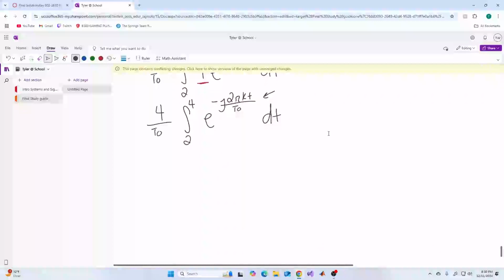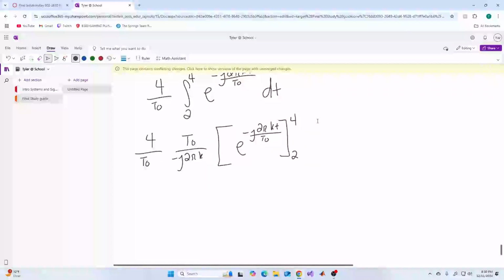So I'll show you exactly what I mean. So it's going to be 4 over t0, take the reciprocal, so it's going to be t0 divided by negative j 2 pi k. We don't include the t because we're taking the integral with respect to t. Times, and then we have e to the negative j 2 pi kt divided by t0 from 2 to 4.